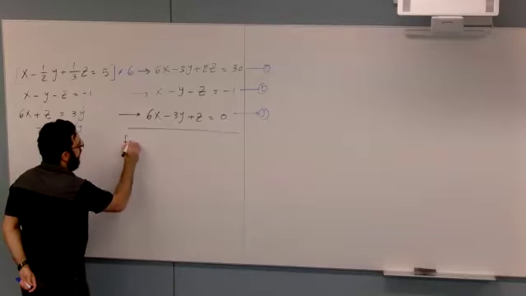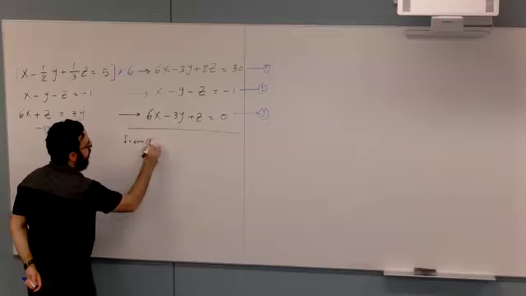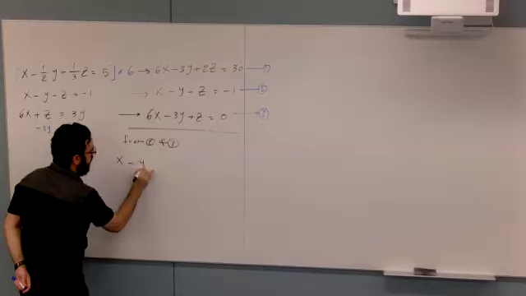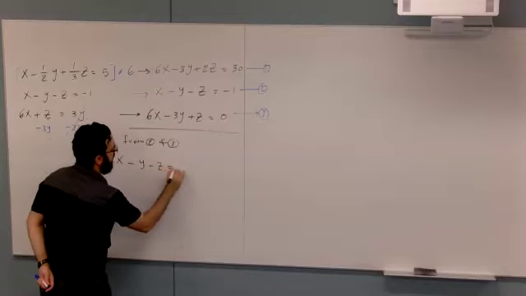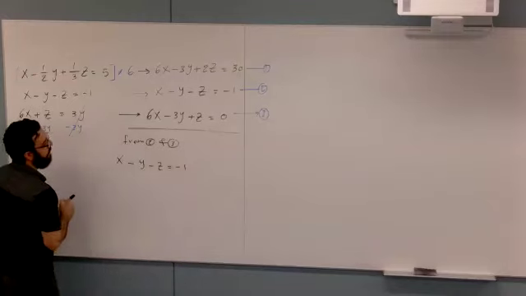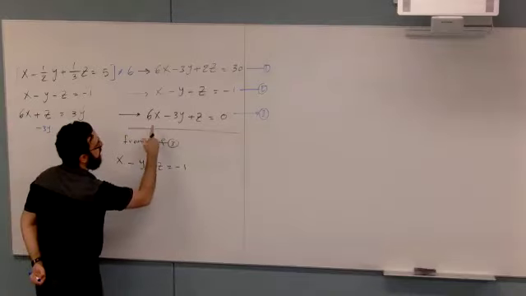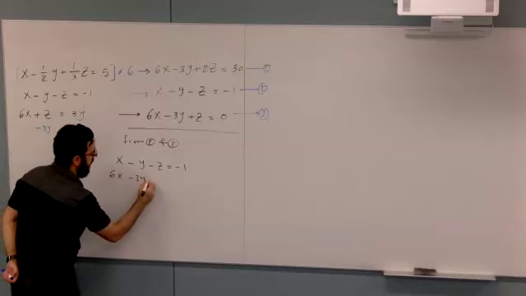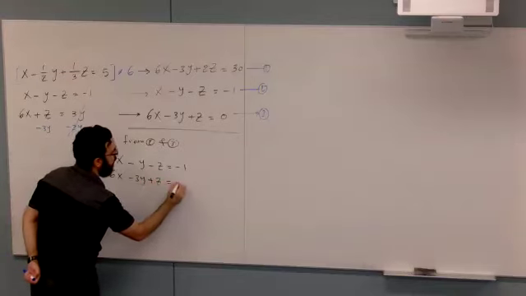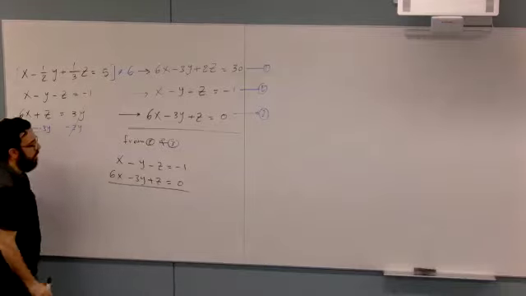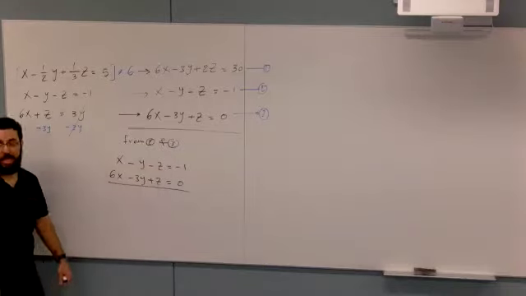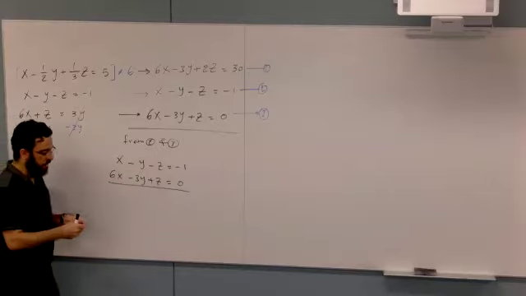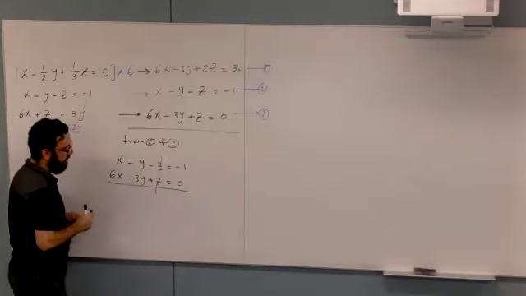So from 2 and 3. x minus y minus z equal -1. This is number 2. And I have 6x minus 3y plus z equal 0. This is 3. Can I solve it? Yes. I add, and the z is already going to cancel.